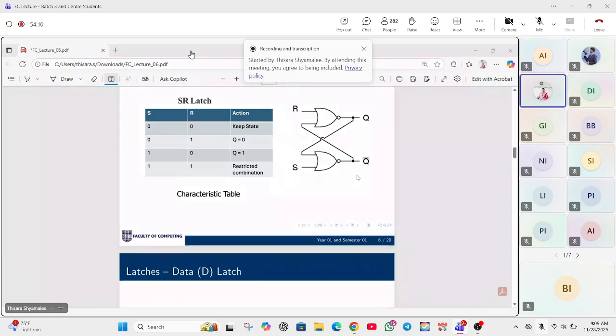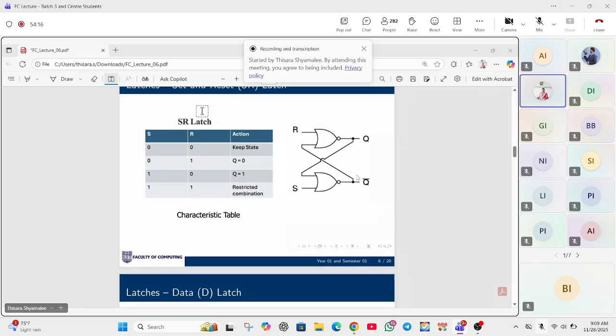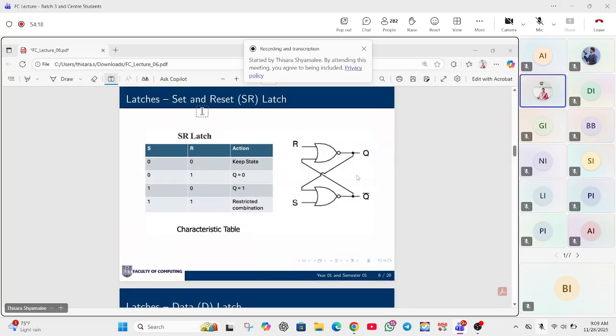Okay, so the first latch is the SR latch. The SR latch is a very simple memory device that stores a single bit of data.